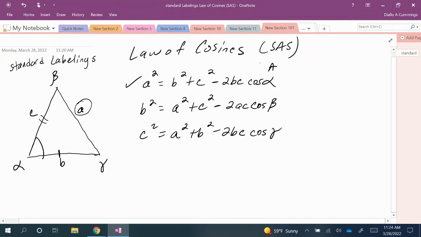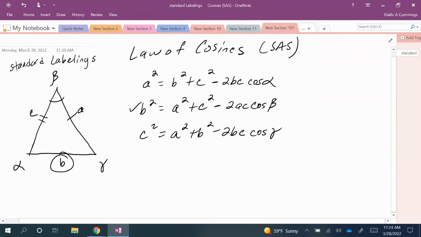If we look at the second formula, b squared equals a squared plus c squared minus 2ac times the cosine of beta, we would be given side length a, side length c, and angle beta, and we could find the side opposite angle beta. The same thing is true for our last formula.